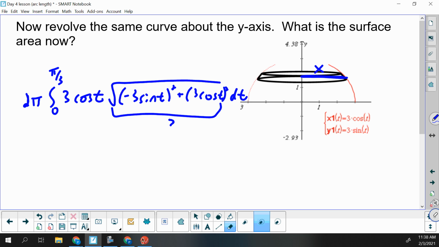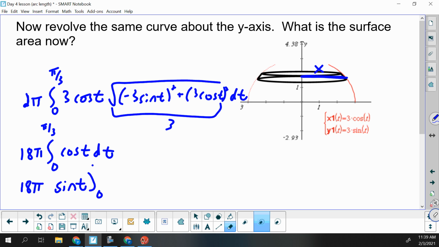Well, remember, this ended up all just being 3 because it was square root of 9 times the square root of sine squared plus cos squared. So we're going to again have 18 pi from 0 to pi over 3. And this time we'll just have cos t dt. Antiderivative, we'll just have sine t from 0 to pi over 3.